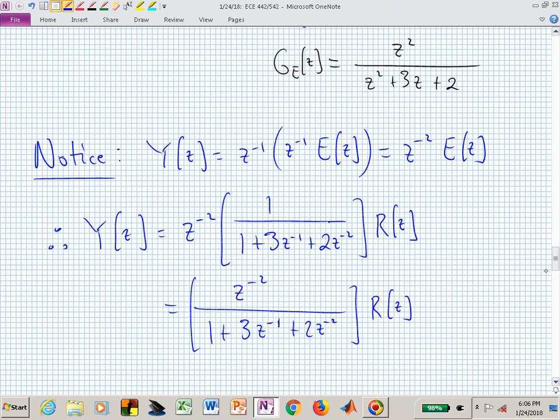And that's now our transfer function in the square brackets between the reference input r and the output y.